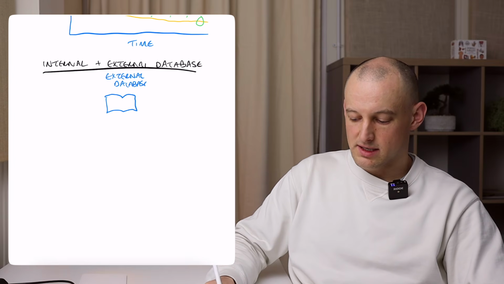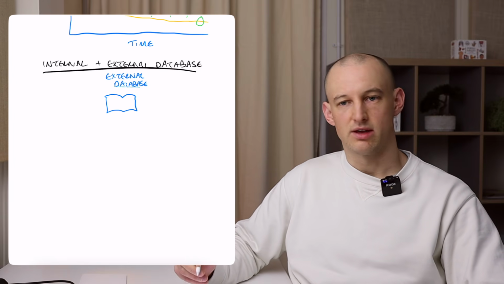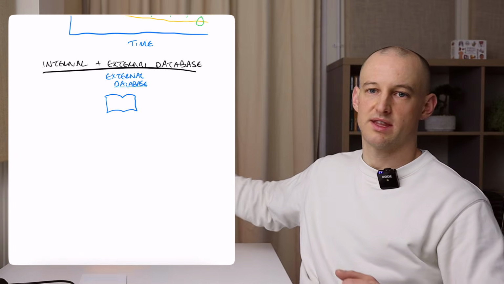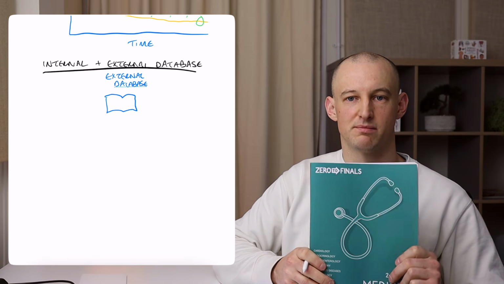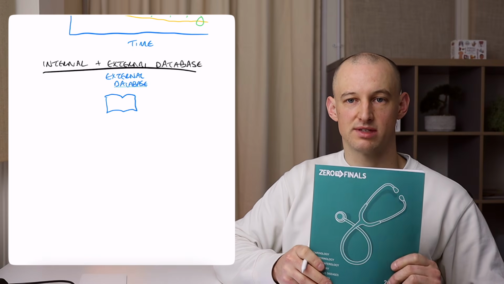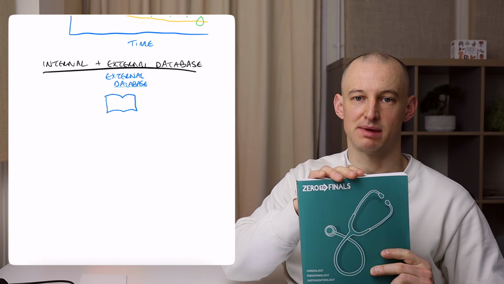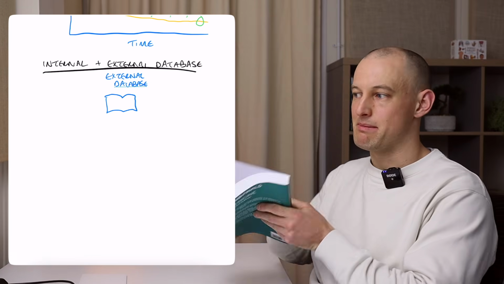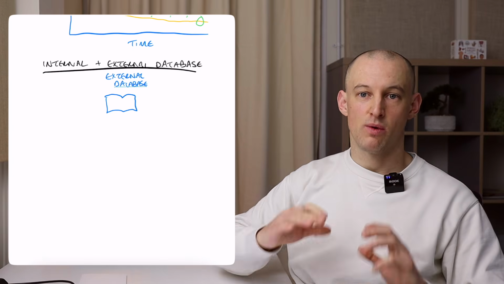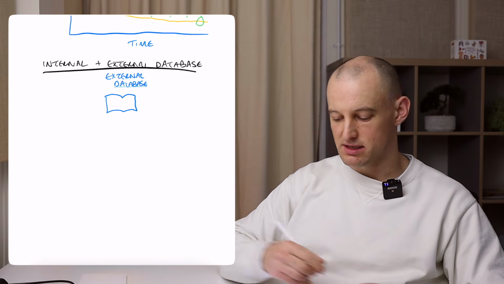You can think of the external database like your notes. For this purpose, we're using the Zero to Finals medicine book as the external database for our read and recall aspect. And we're using the Zero to Finals member site for the question aspect of the external database.